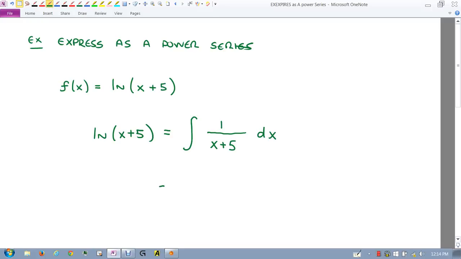And because of that, I know that I can rewrite 1/x plus 5. Let me do that on the side here. 1/x plus 5 can be rewritten as 1/5 plus x, but that can be rewritten as 1/5 times 1/1 minus negative 1/5 x.